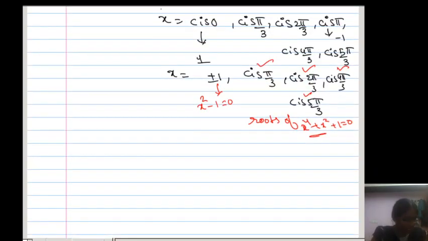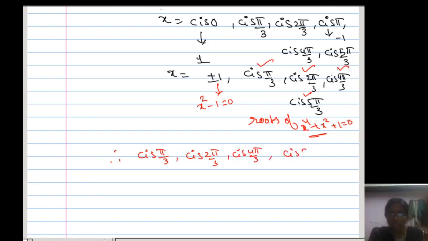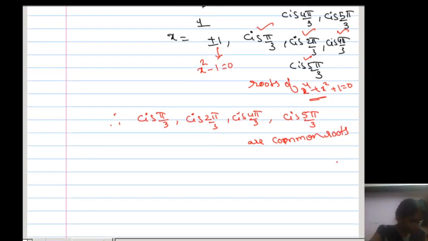So finally I can conclude, what is our answer now? cis pi by 3, cis 2 pi by 3, cis 4 pi by 3, cis 5 pi by 3 are the common roots of the equations x power 12 minus 1 equal to 0, and x power 4 plus x square plus 1 equal to 0. So these are the common roots.